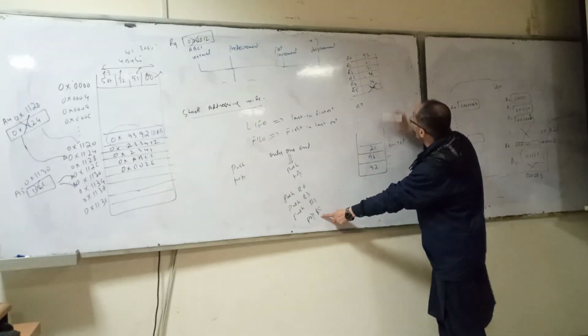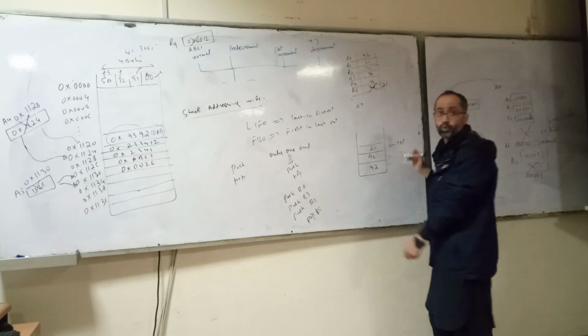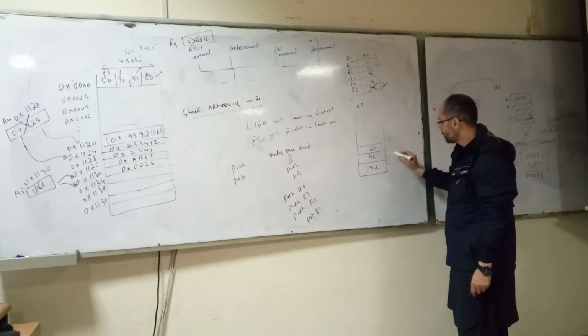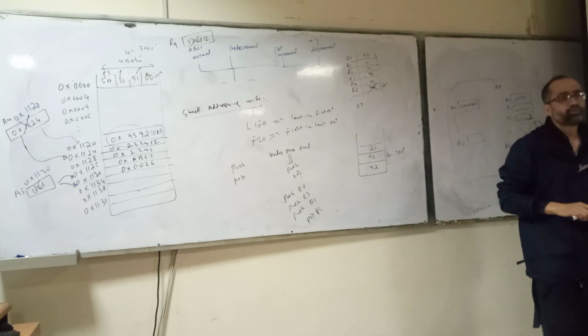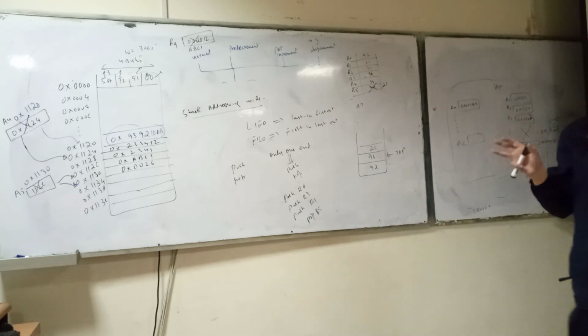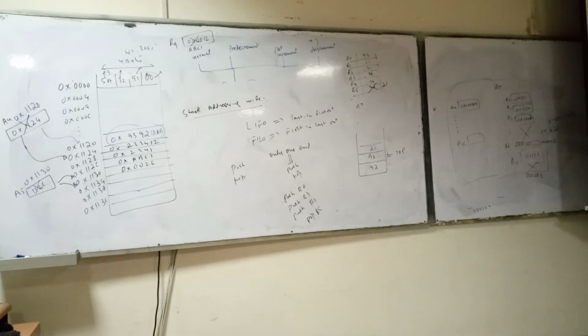So the contents of the top will be moved to R5, the new contents will be 21. And now where will the top point? 96. If you look at the stack data structure, the data will still be there. The data is still there.